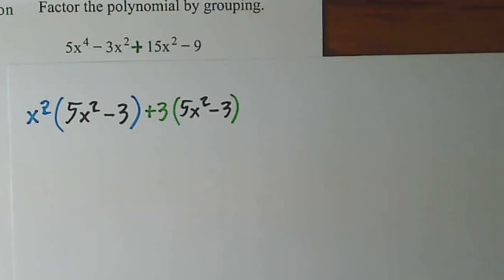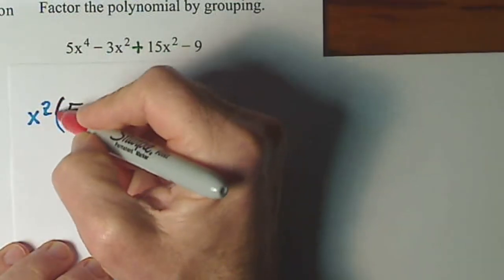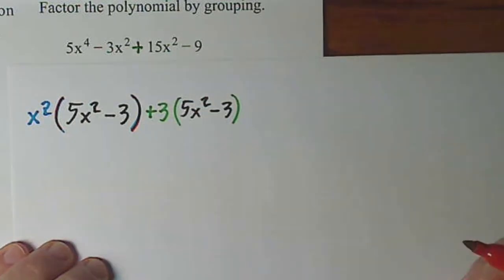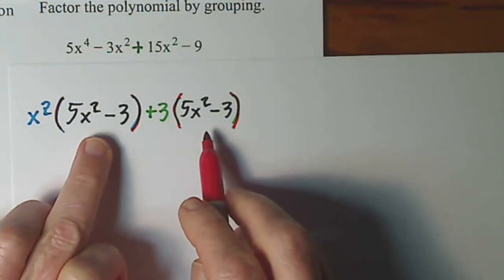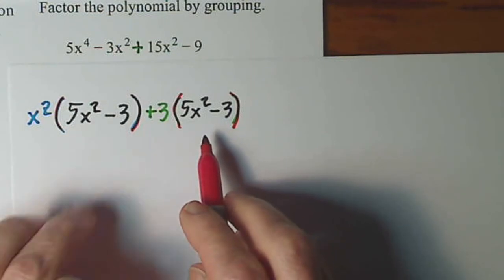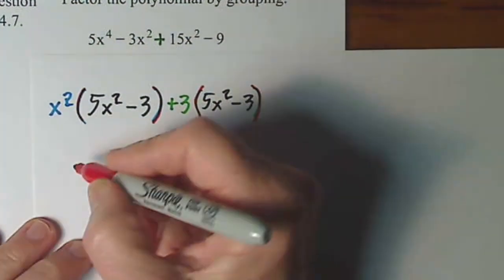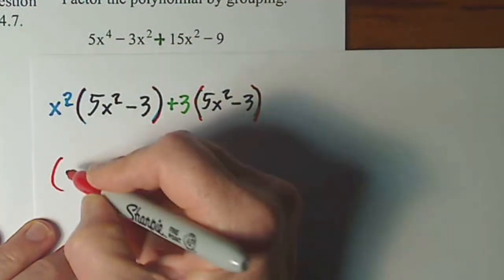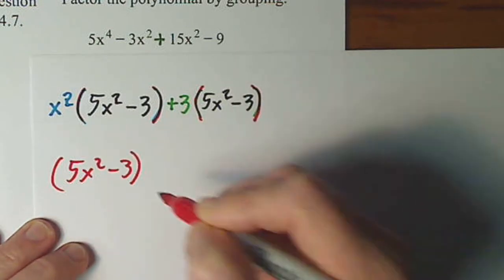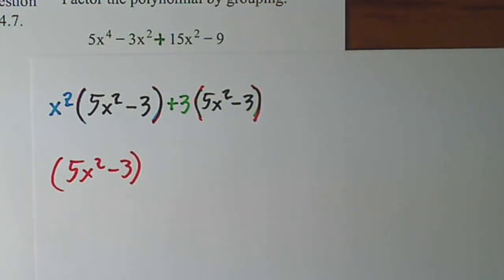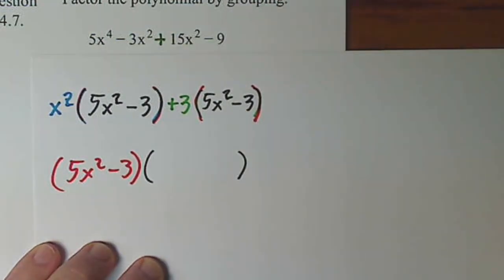And now you basically repeat the process of factoring out. You have in parentheses 5x squared -3, 5x squared -3. That is now our common term. We're going to factor out the common term, and the standard practice is you put that in front of the parentheses. 5x squared minus 3 is what we're factoring out, and we're going to put that in front of this set of parentheses.